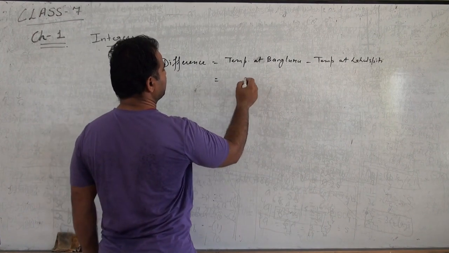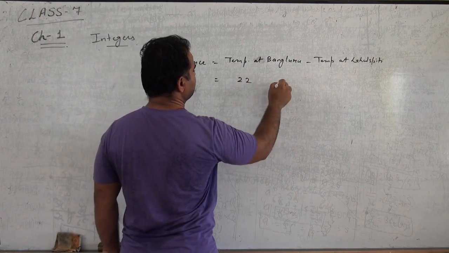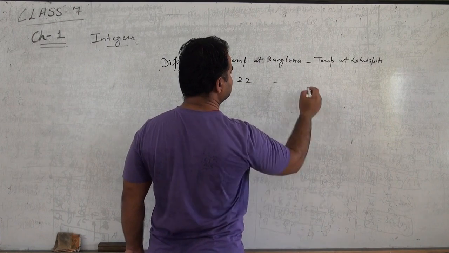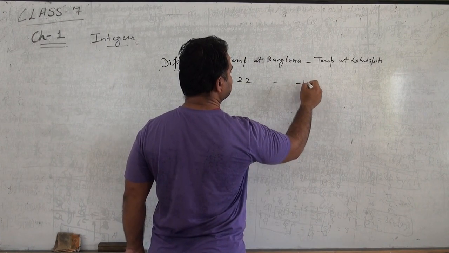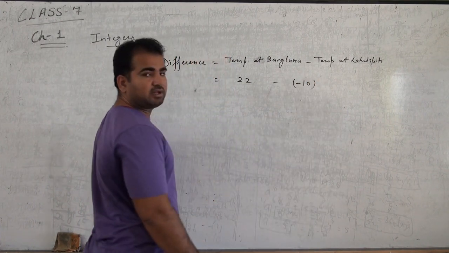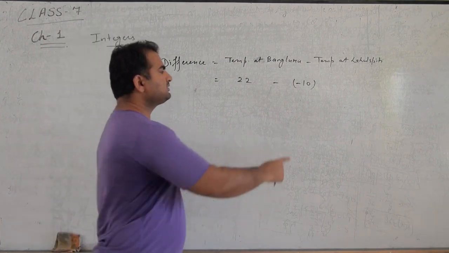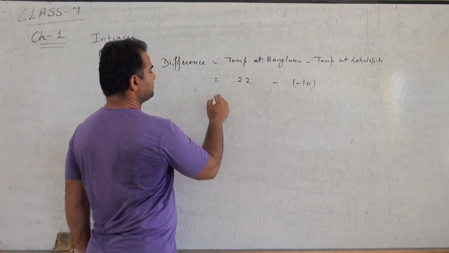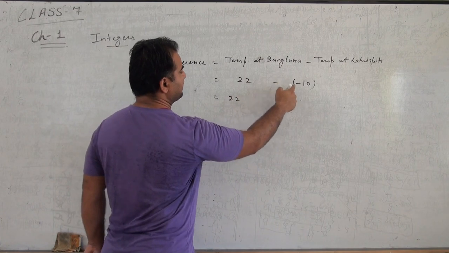So the temperature at Bangalore was 22 minus the temperature at Lahul Spiti, which was minus 10. So it will be 22 minus and minus.